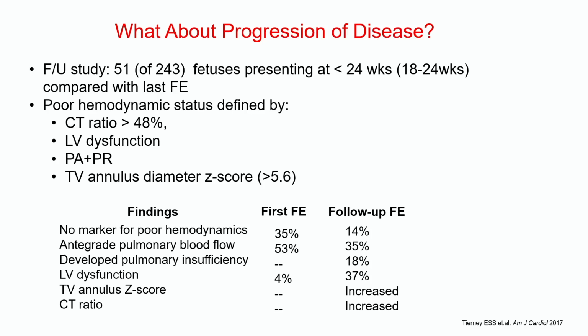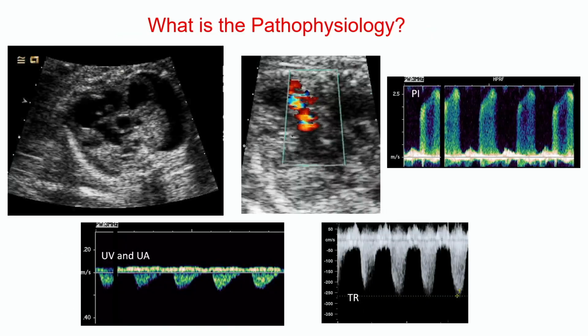Of those patients who developed pulmonary insufficiency, 18% developed it that didn't have it on their first echo. And left ventricular dysfunction really increased the most. Again, it's that ventricular-ventricular interaction. The tricuspid annulus z-score increased and the CT ratio increased, which shouldn't come as a surprise to anyone who's taking care of these babies. So what is the pathophysiology of this?